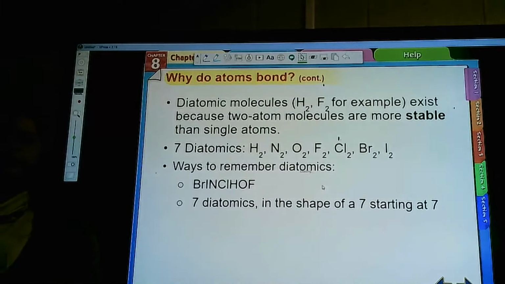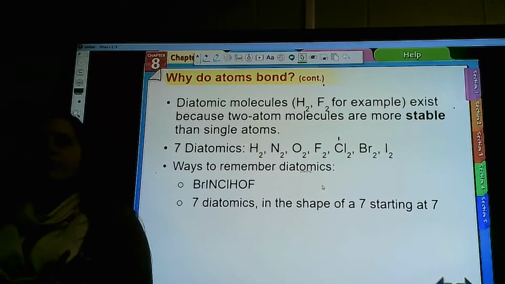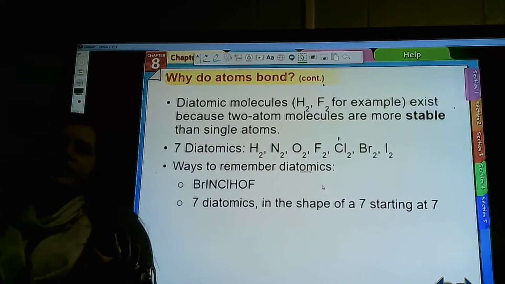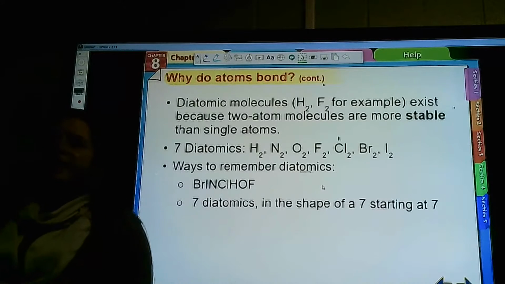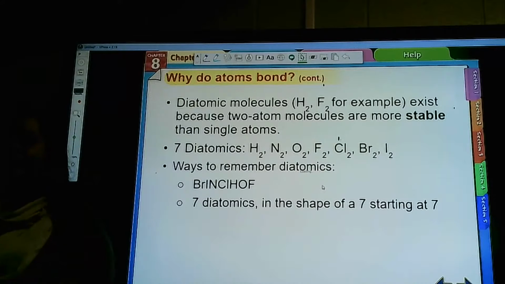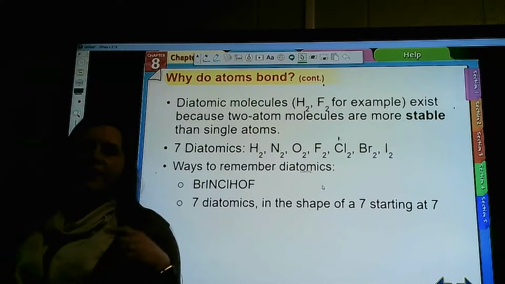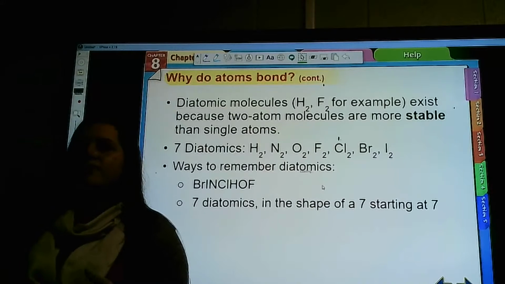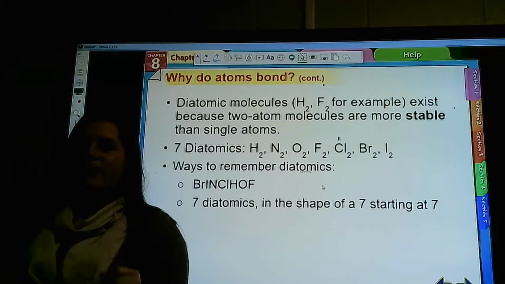I feel like it's hard for us to imagine what's happening here. But basically why these are important is that for almost every unit after this one, diatomics will come up. If I say hydrogen is reacting with oxygen and it produces water, you need to know immediately, because you've heard of diatomics before, that it's not just one hydrogen and one oxygen atom.